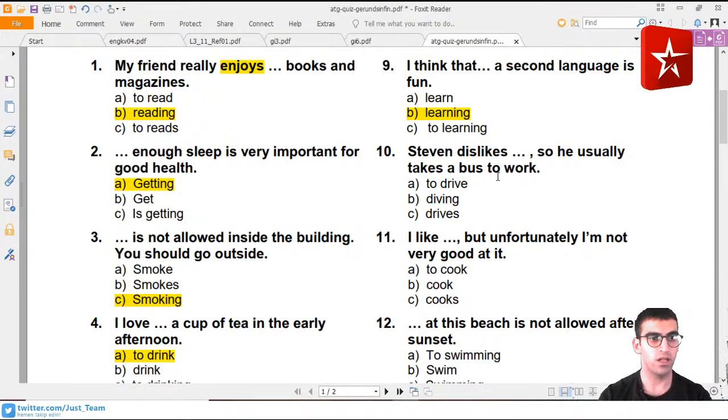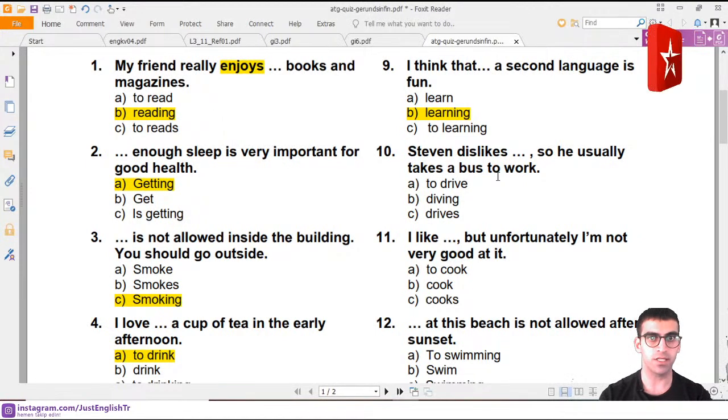I think that learning a second language is fun. Number 9 is B, learning, not A, Aisha. Learning, subject of the sentence.